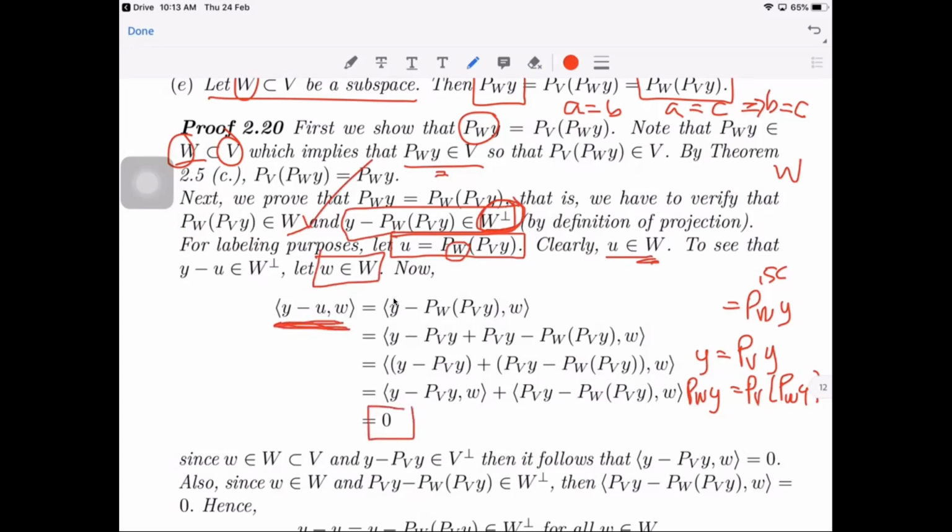Ato ipakita kung 0. So kung kini naa sa W, mo follow na kini naa sa W perp. Okay, so doing the same thing as earlier, na ako'y proof na similar ani.